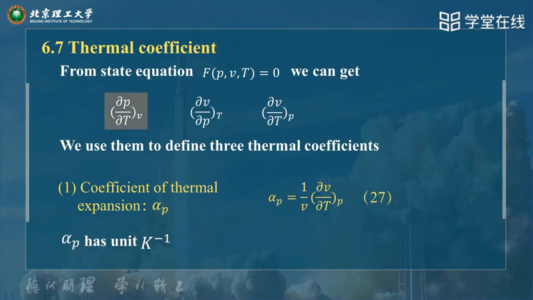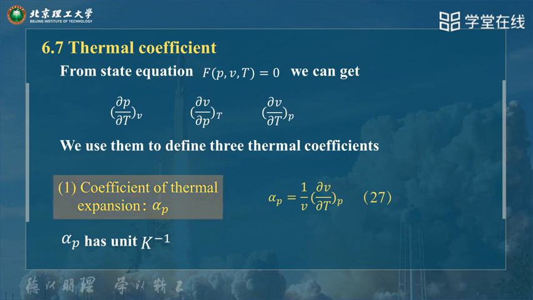First is partial P over partial T, V constant. The second is partial V over partial P, T constant. The third one is partial V over partial T, P constant. We use these three partial derivatives to define three thermal coefficients.